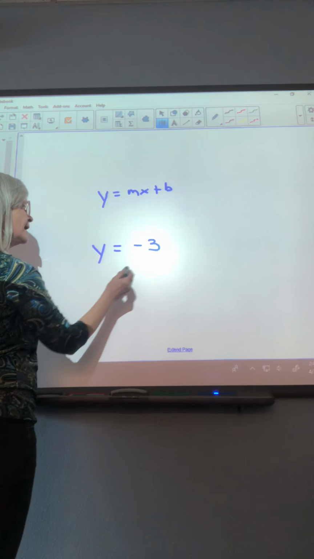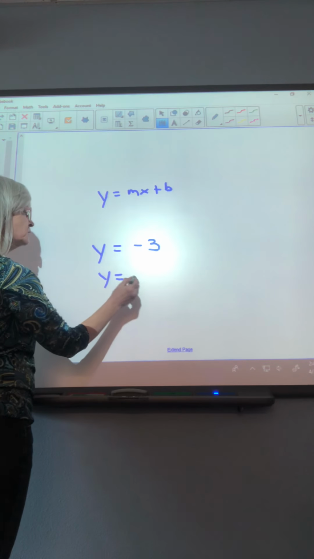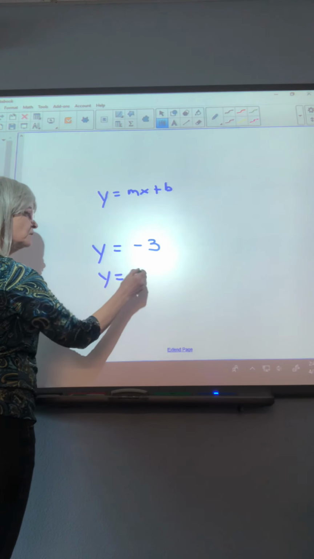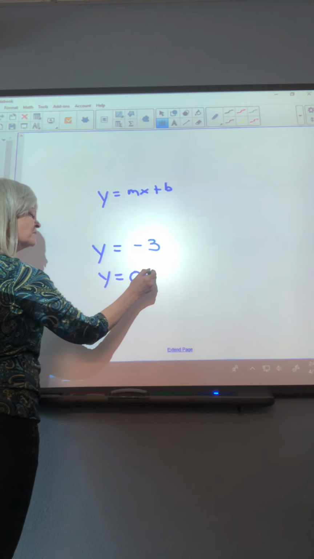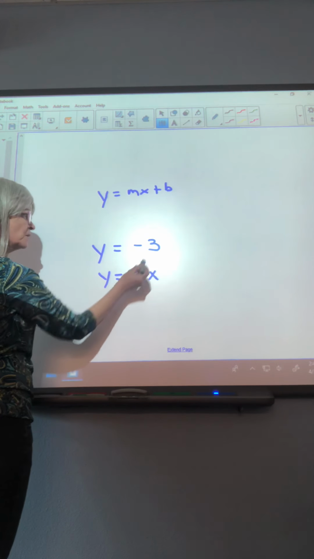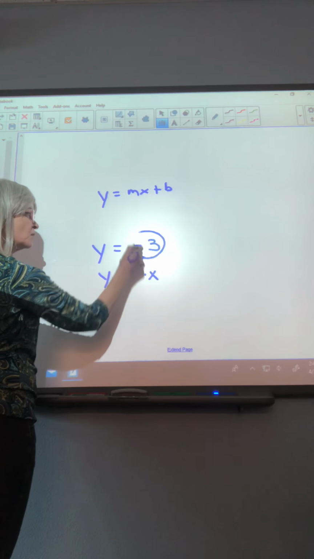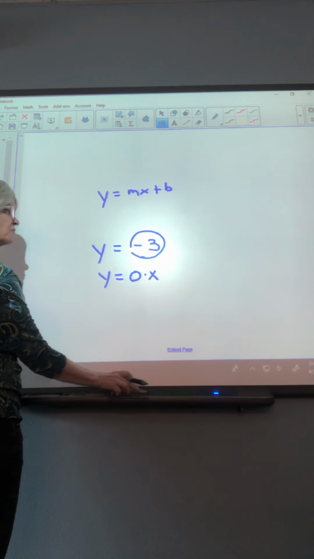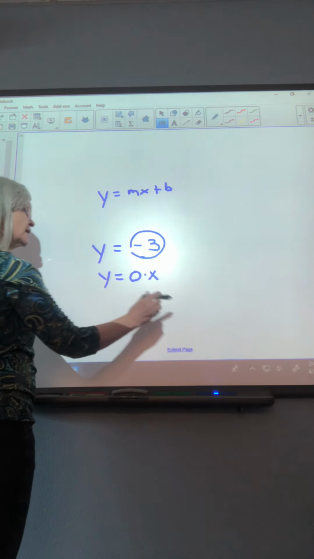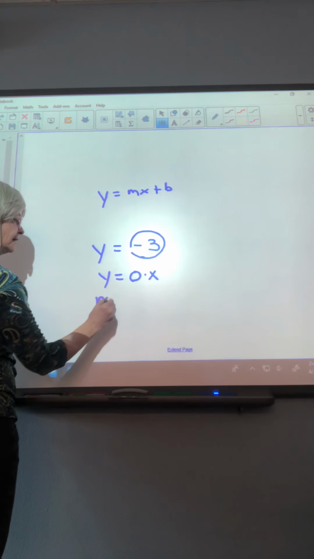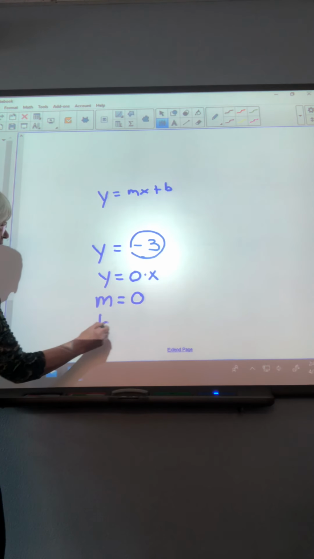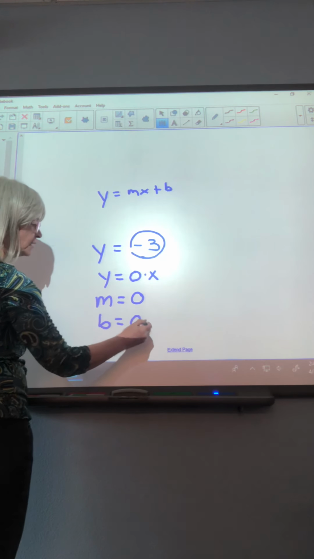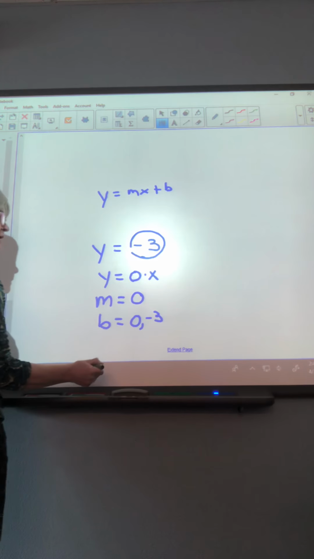So the slope was 0, and 0 times x would be 0, which just leaves us with a y-intercept of negative 3. So in this case, you would write m for the slope is equal to 0, and b is equal to negative 3, and that point would be 0, negative 3.